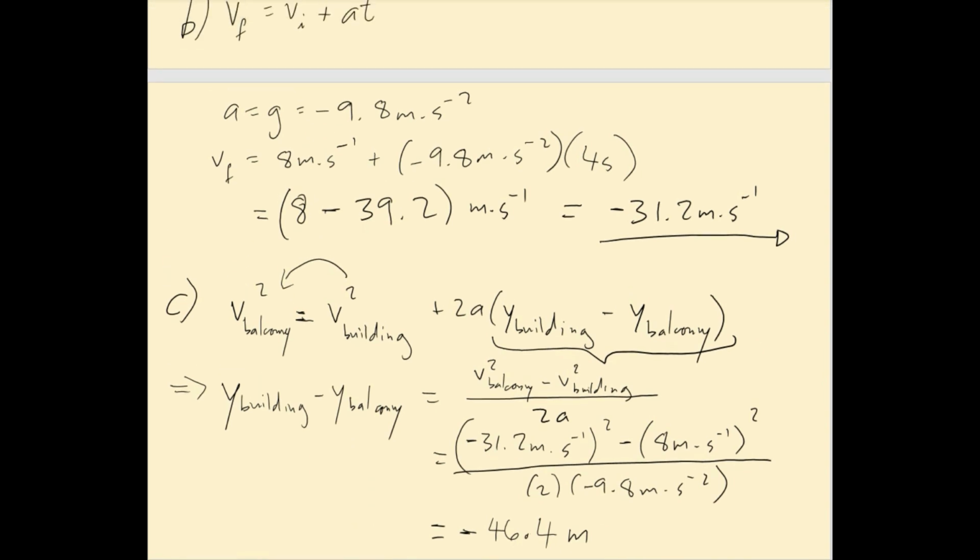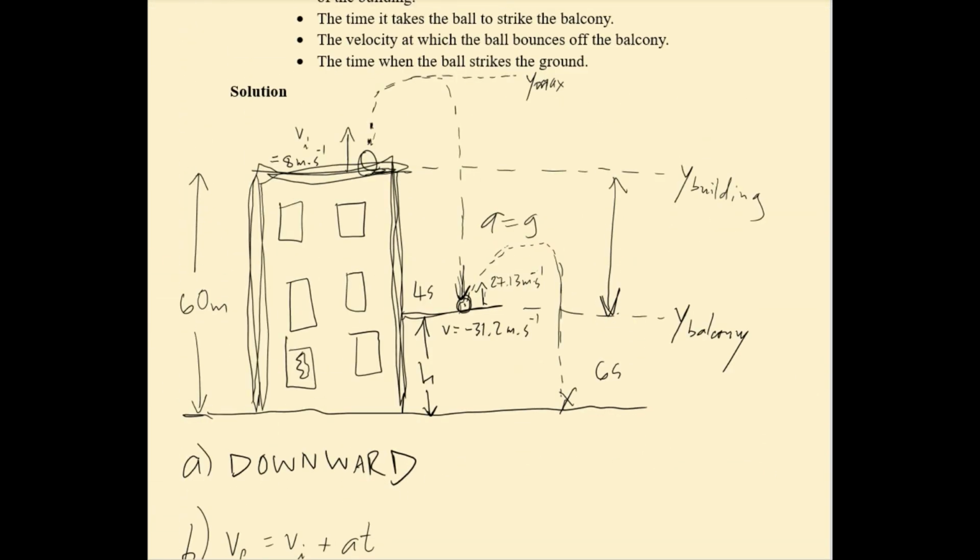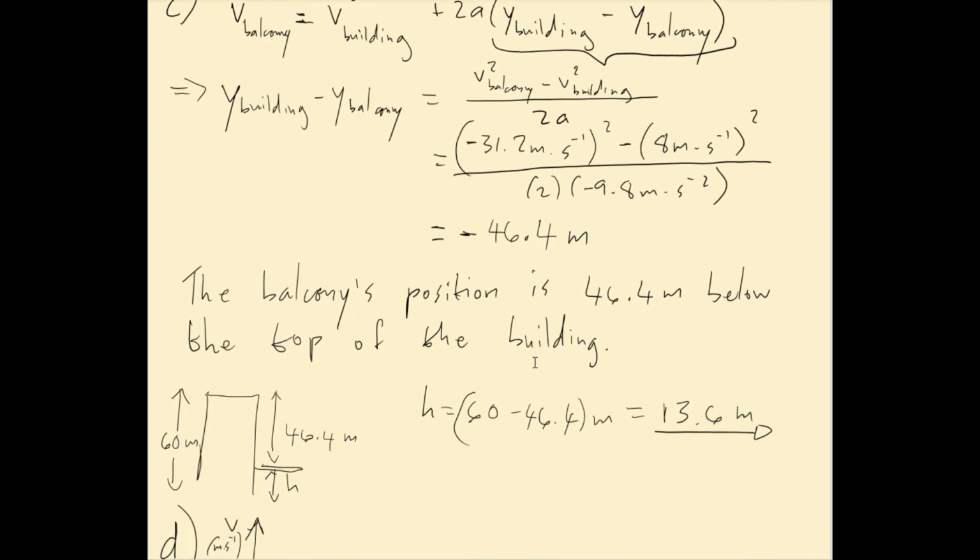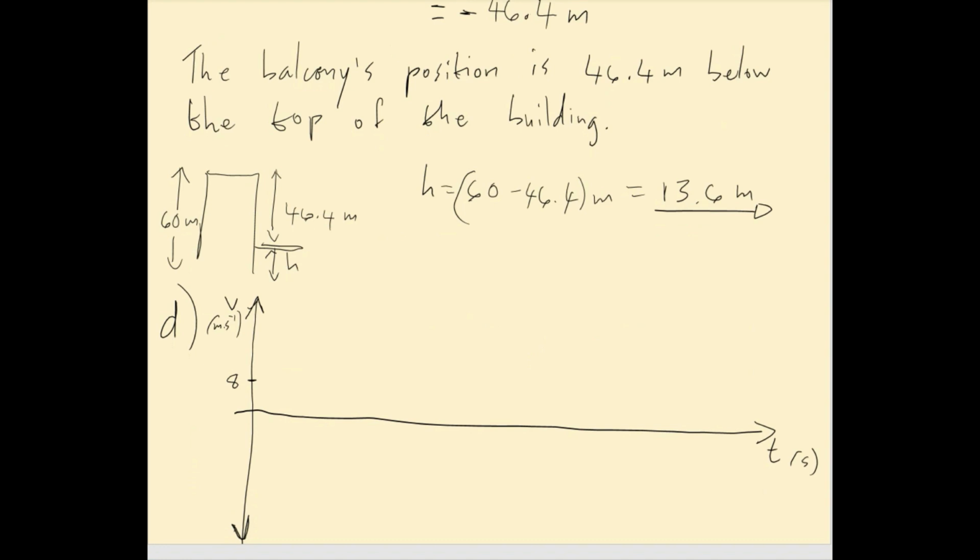So if we go back to the drawing here, the ball was projected upwards with 8 meters per second. It then reached the maximum height. At maximum height, velocity is 0. Velocity then becomes negative all the way after 4 seconds until it gets to negative 31.2. So at time 0, which is the initial time, the velocity was 8 meters per second.